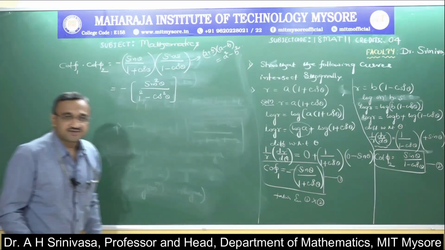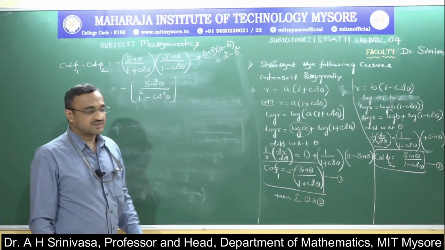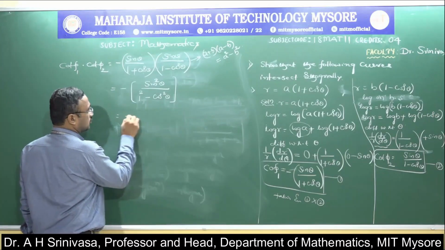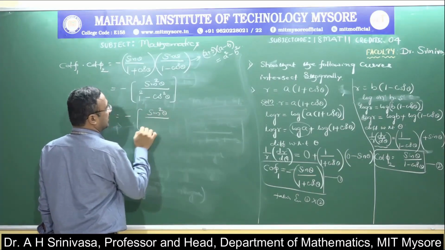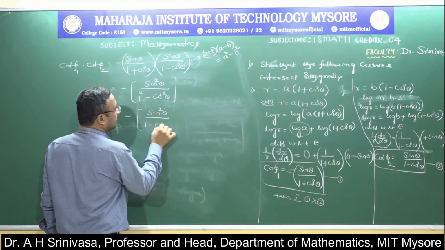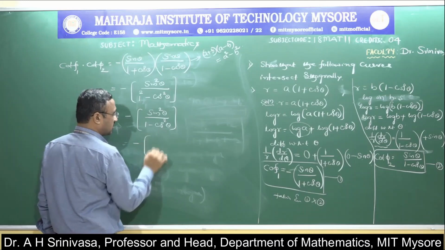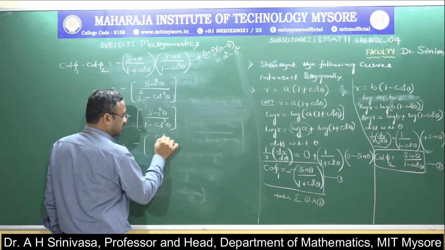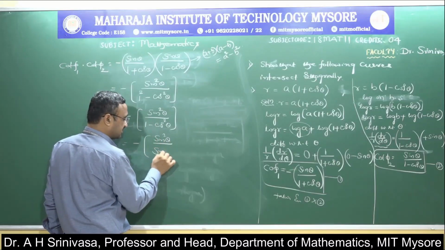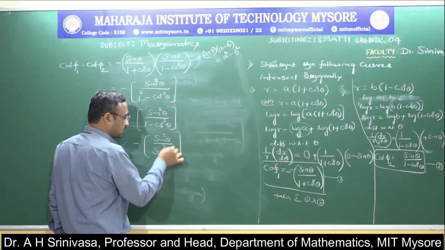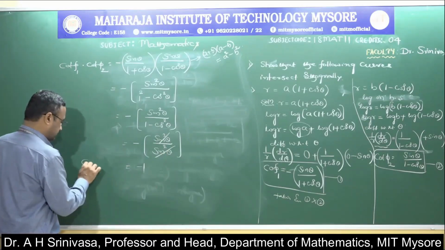Using the identities of trigonometry, 1 minus cos square theta is sine square theta, which is well familiar for everyone. So we have minus sine square theta, all divided by 1 minus cos square theta, which is sine square theta. Cancelling these two, we get minus 1.